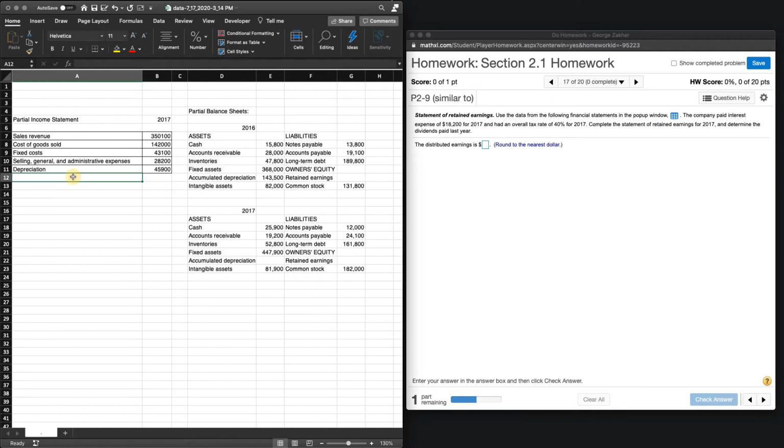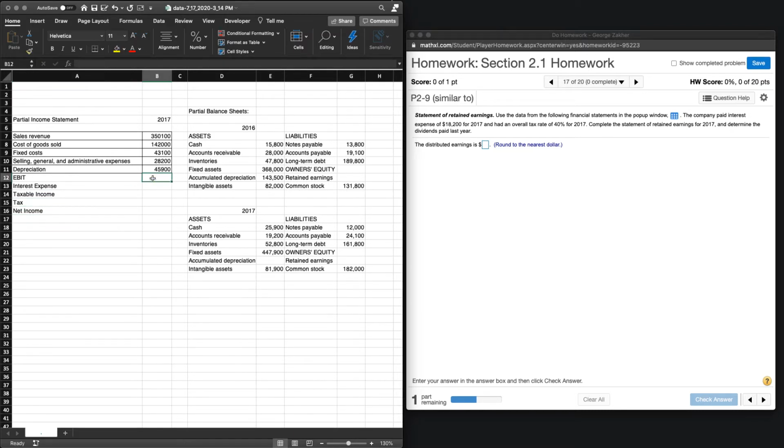If we recall from our income statements, the first thing we need to figure out is our earnings before taxes, then our interest expense, taxable income, tax, and finally our net income.